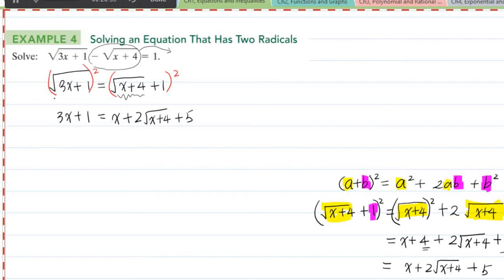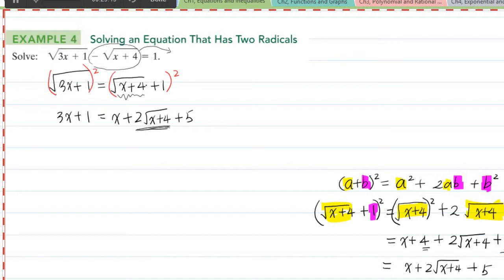Because we know the fact is, we have x and x, let's go ahead and just make it a little bit nicer. Let's move this stuff around. So from the previous example, example 3, if you look at this, now we only have one radical, right? Only one radical right here.